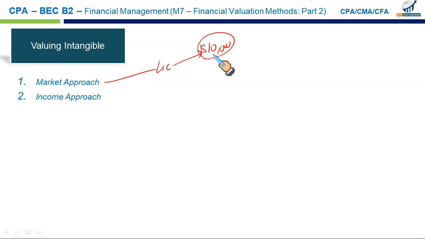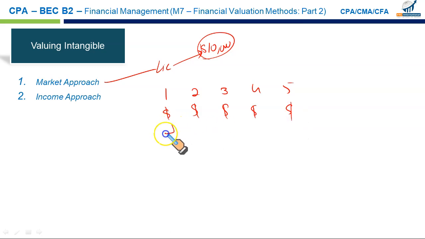Then the next one we have is the income approach. This is a good approach. In the income approach, what we do, let's say this asset will last 5 years and it will generate certain cash flows in these 5 years.